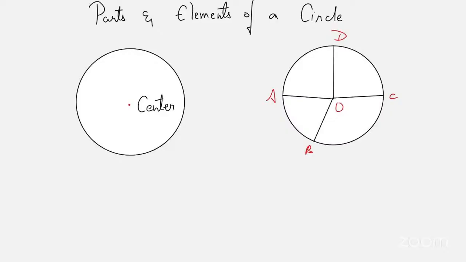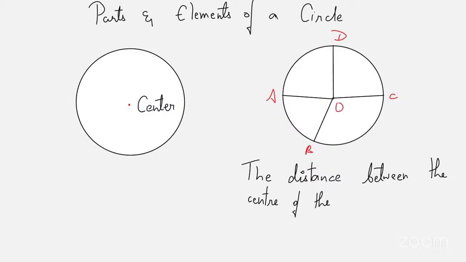Distance between the center of the circle and any point on the circle is called radius of the circle.